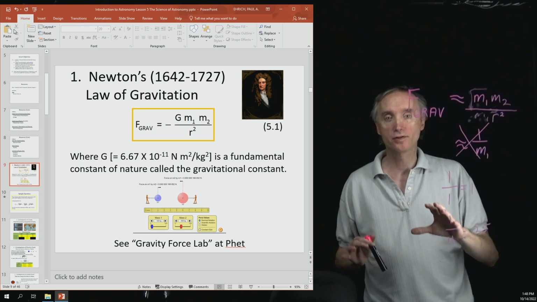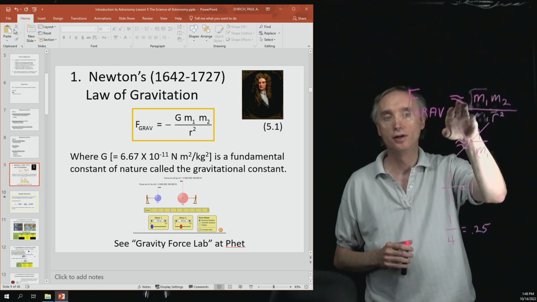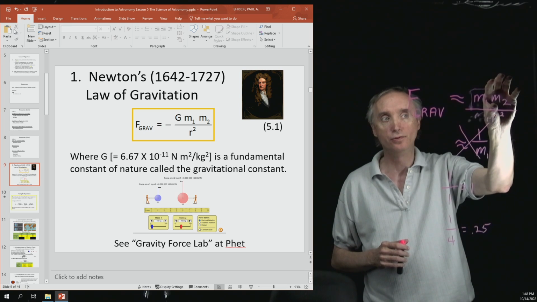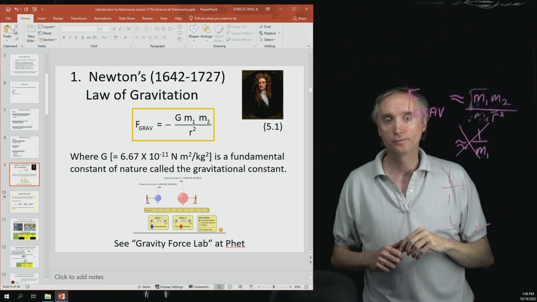So here's our formula so far: the force of gravity is proportional to the mass of mass 1, the mass of mass 2, divided by the distance between them squared.